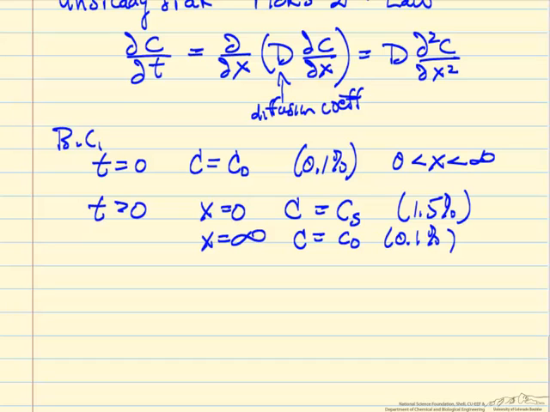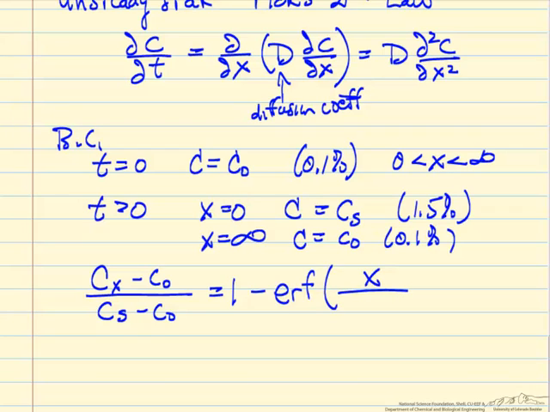This equation has been solved, and there are books that list solutions to these types of equations. For these boundary conditions, it turns out the concentration at any point x minus the initial concentration C0 at time equals 0, over the surface concentration minus C0, is 1 minus an error function, in terms of x over the square root of time and the diffusivity.